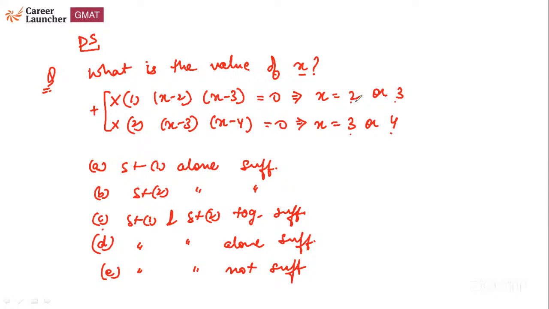X is equal to 2 only satisfies first statement but not second. X is equal to 3 satisfies first statement as well as second. X is equal to 4 only satisfies second but not first.